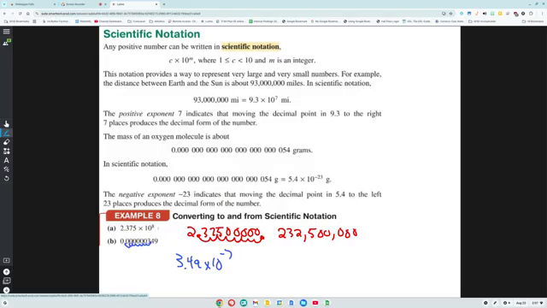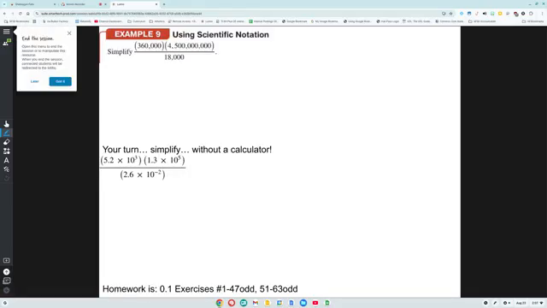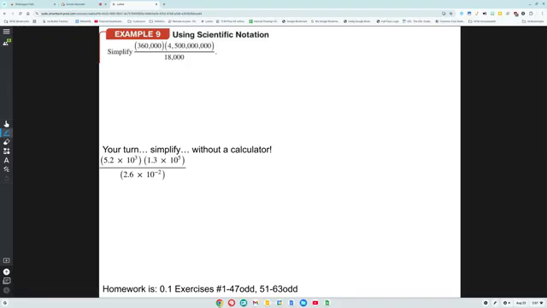And what we can do is combine the skill of changing back and forth between big scientific notation numbers and decimal form with some basic arithmetic. So that's what we're going to do here.